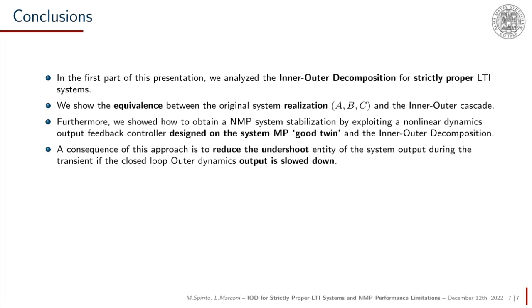As a consequence of this approach, we can analyze the undershoot performance loss of the original plant by obtaining an upper bound for the undershoot entity of the original system, and it's possible to reduce the undershoot of the original plant by slowing down the closed loop outer dynamics output.